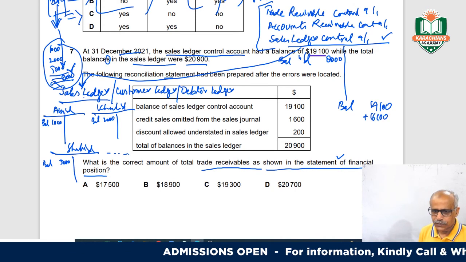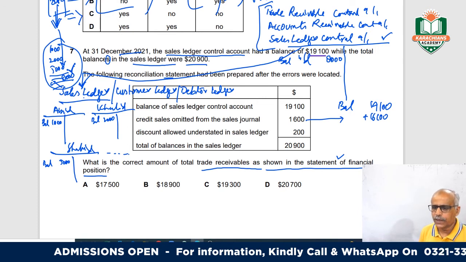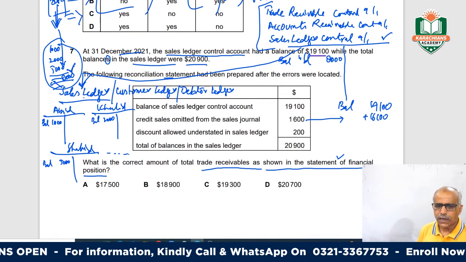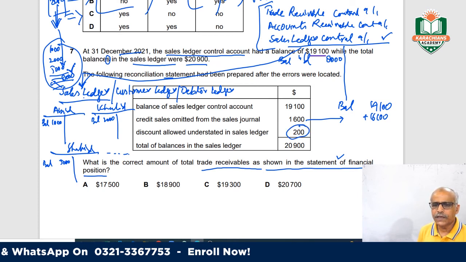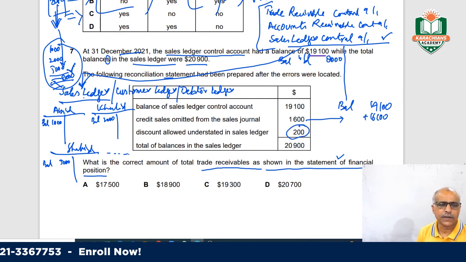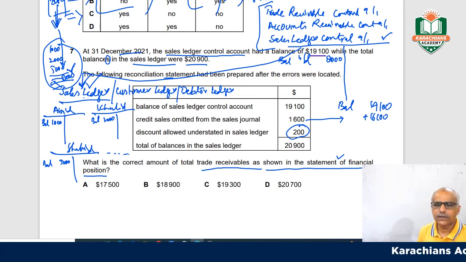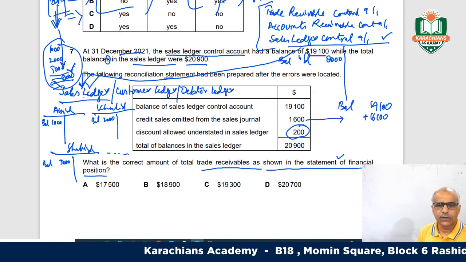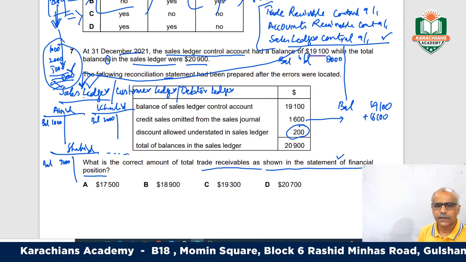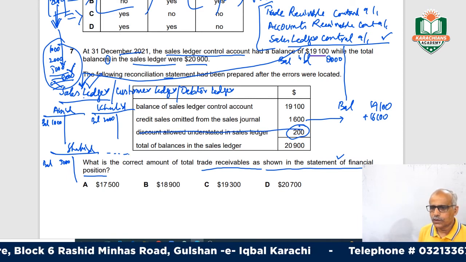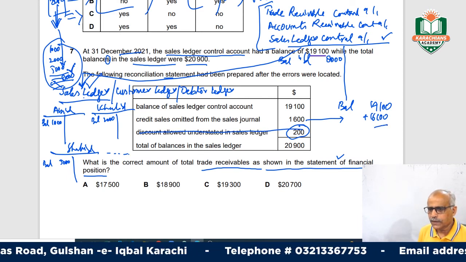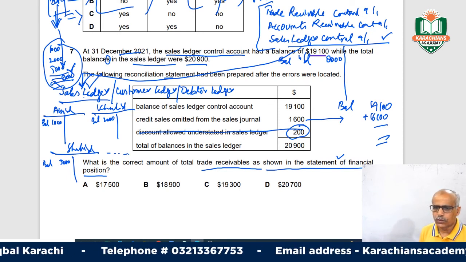So this will be added to the balance. Discount allowed understated in the sales ledger: this mistake was made in recording in the sales ledger, so it has no impact on the control account. You did not make any mistake in the control account, so you ignore this balance. Only add the omitted sales.